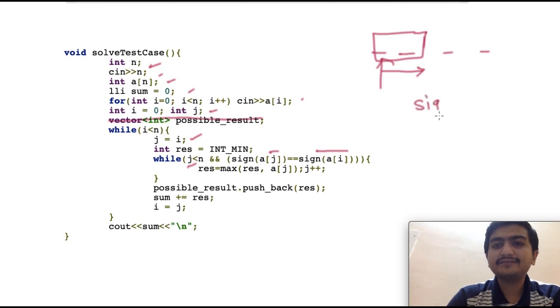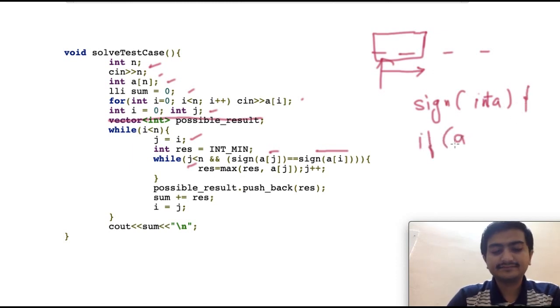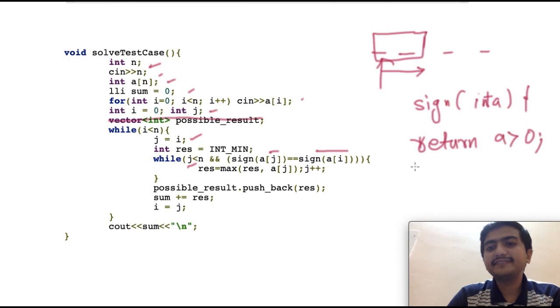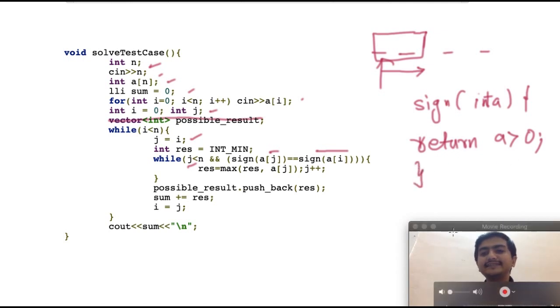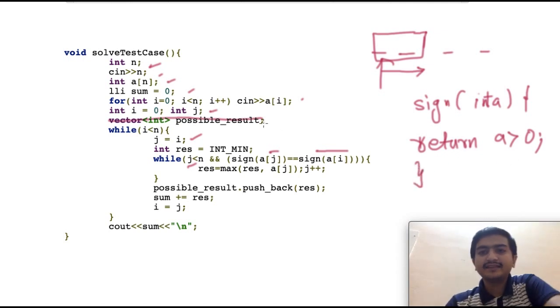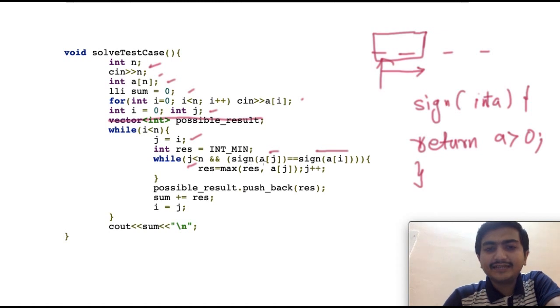Now sign was a simple function which takes one variable and returns whether a is greater than 0. If it is positive it will return true, else it will return false, right? So I'm just comparing whether the signs of two numbers are the same or not, because then my window size is increasing.